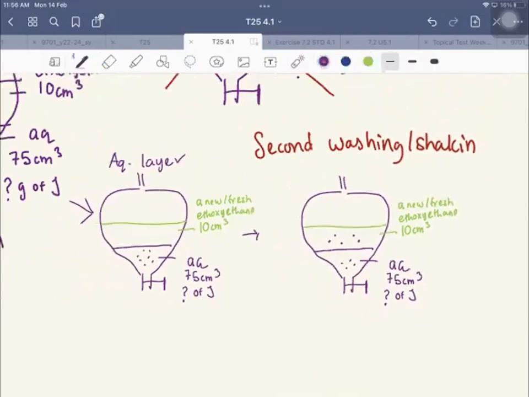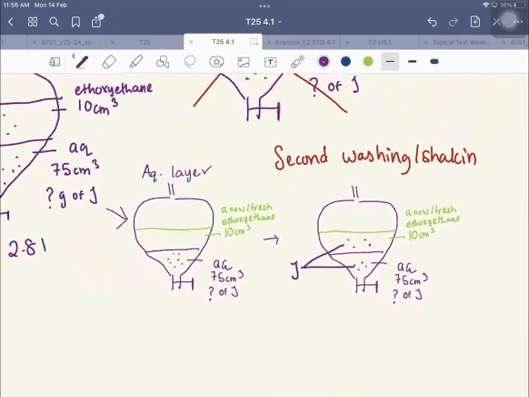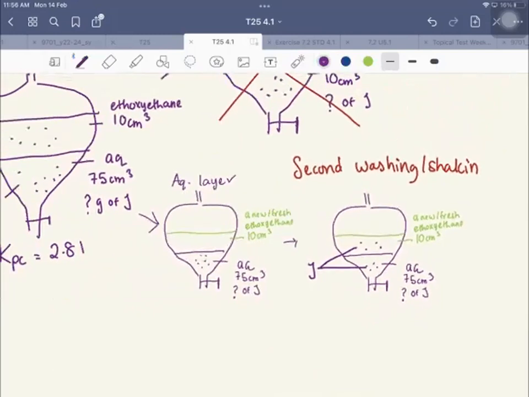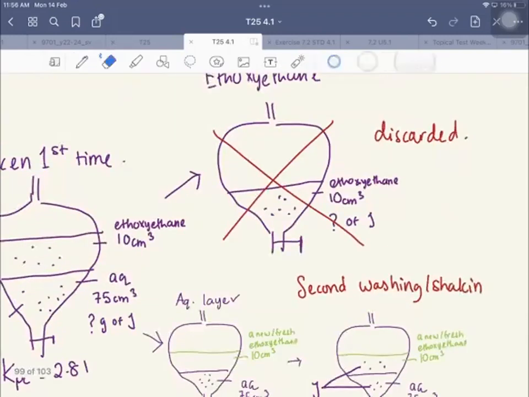So now I have J in my ethoxyethane layer. So the question is now, the two organic layers were combined. Oh, okay. The two organic layers were combined. Sorry, this one is not discarded. My bad. We still need this because ethoxyethane is the organic layer here. So this is one of the more difficult questions that you will have to deal with.